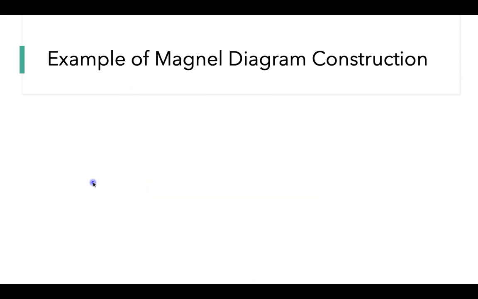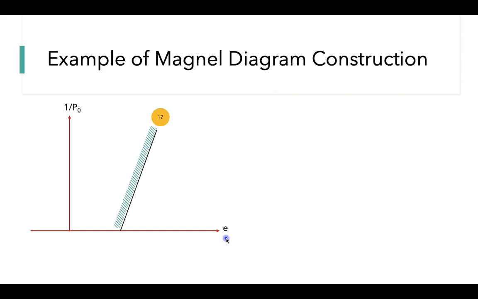This is an example of Magnel diagram construction, with 1 over P naught as the y-axis and the eccentricity e as the x-axis. Based on equations 17 to 20, we can plot the graph and shade the area that fulfills the inequality.